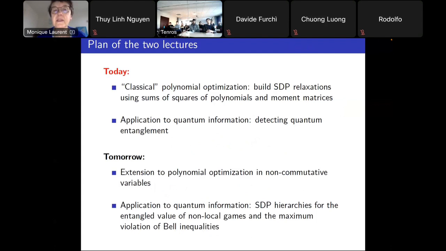And I will discuss the application to detecting quantum entanglement in quantum information. And tomorrow we will move to polynomial optimization in non-commutative variables and how this models problems arising in questions like maximum violation of Bell inequalities or entangled values of non-local games. So today variables are classical, scalar, and tomorrow variables will be non-commutative.